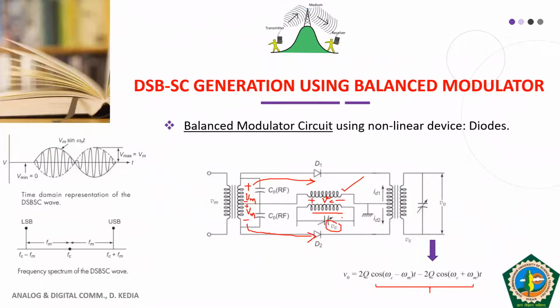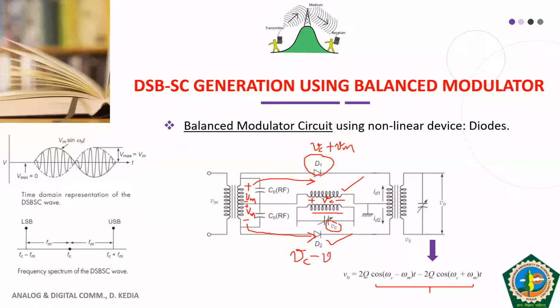Now you see at the input of diode D1, what is happening? Plus VM and plus VC, meaning VM and VC are in series with the same polarity. So at the input of D1 we have VC plus VM. Whereas at the input of diode D2, VC has the same plus polarity on the P side, but VM has negative polarity on the P side.